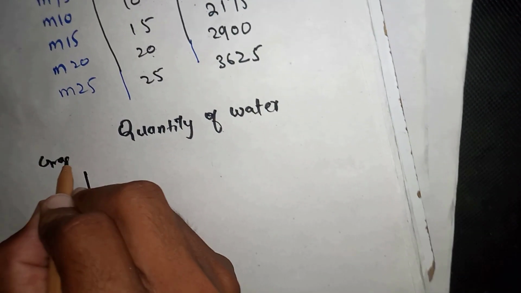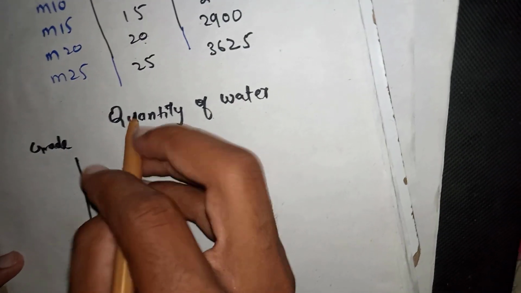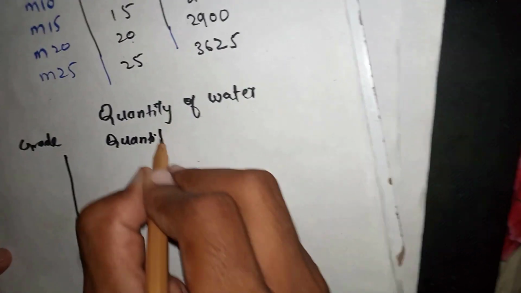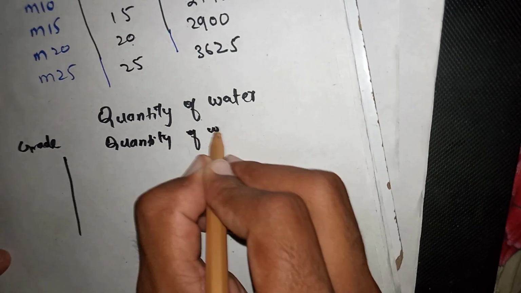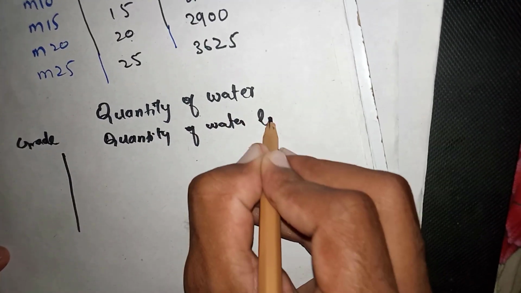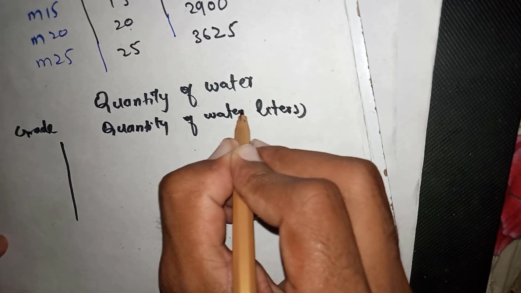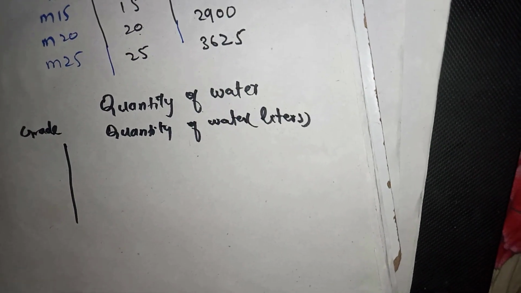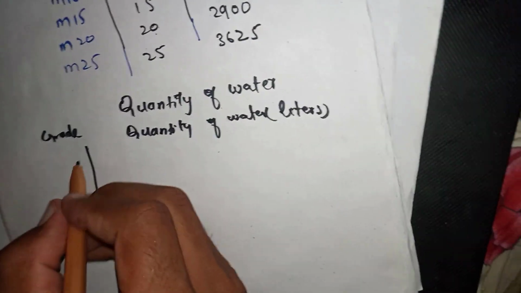Here I mention grade, here I mention quantity of water in liters. The amount of water that is required for these grades is in liters, remember. So what are our grades?